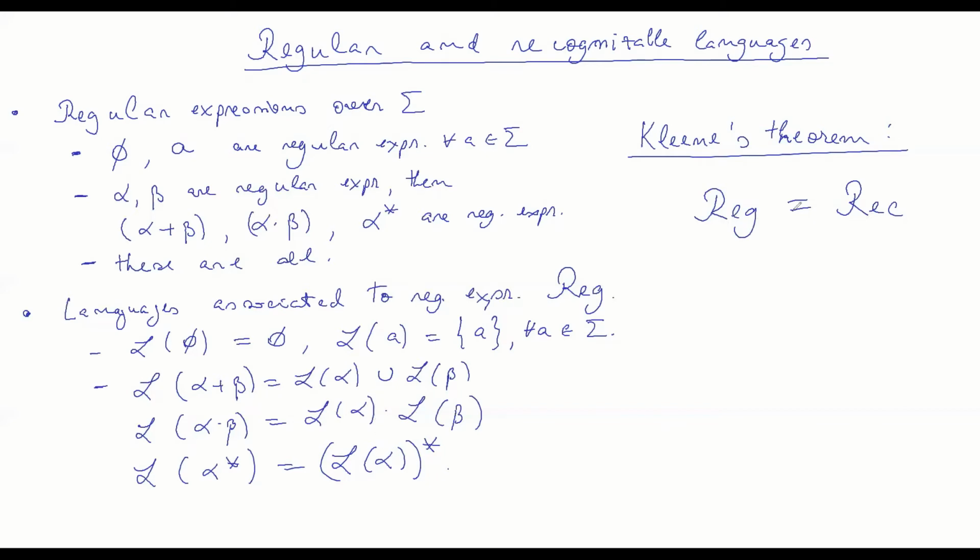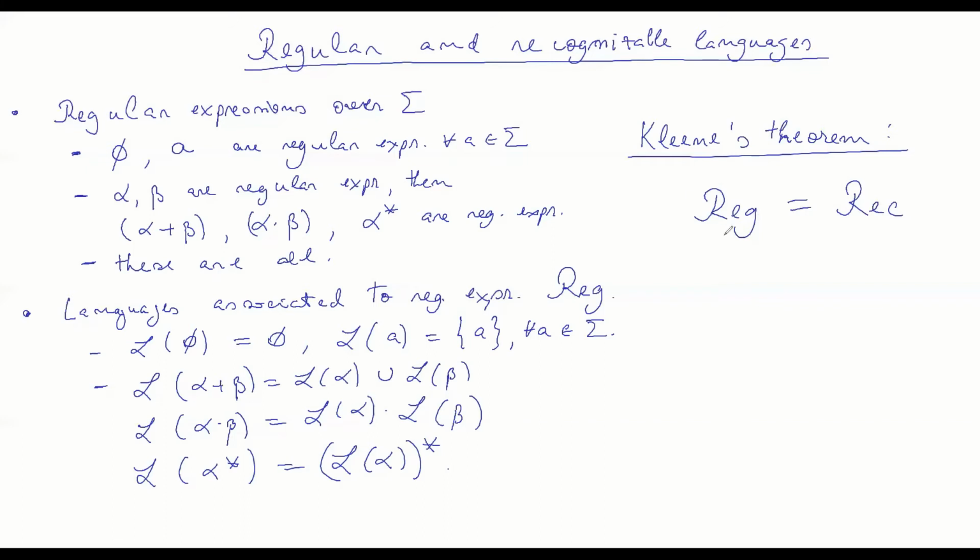So what this result is saying is that if you think about running computations, or if you think about the structure of the language, in fact you are talking about the same class, and this result is giving you a practical way of going from one side to the other.